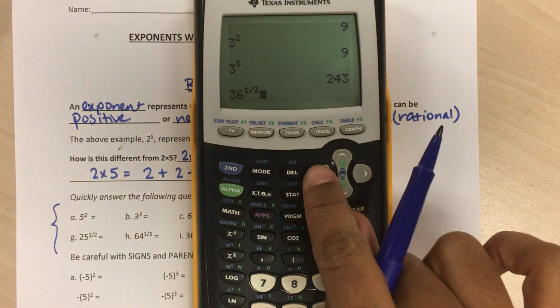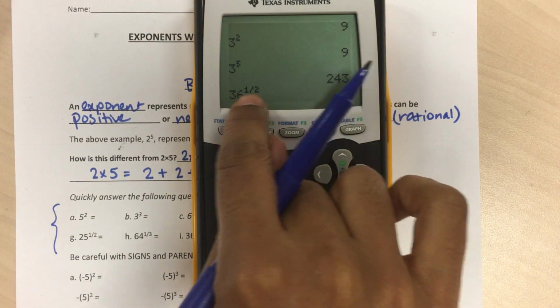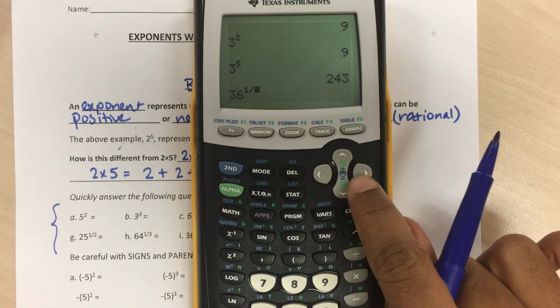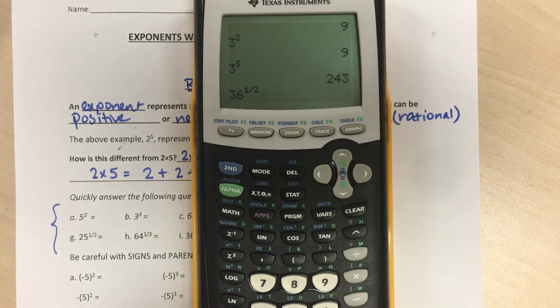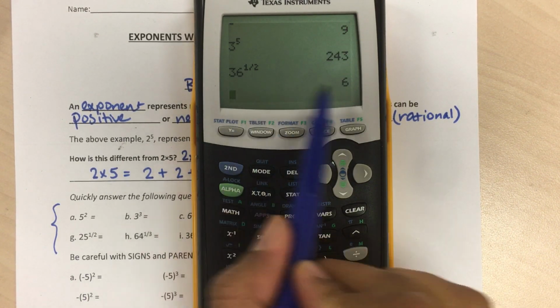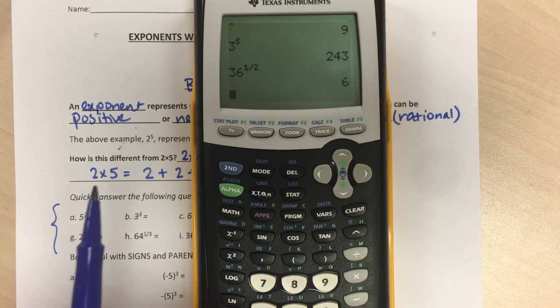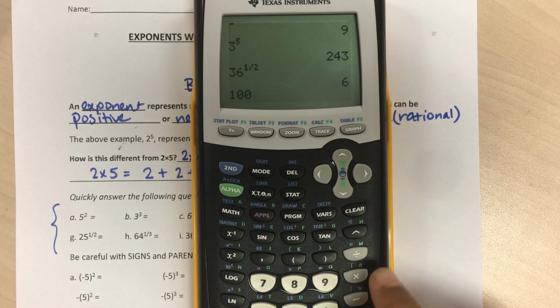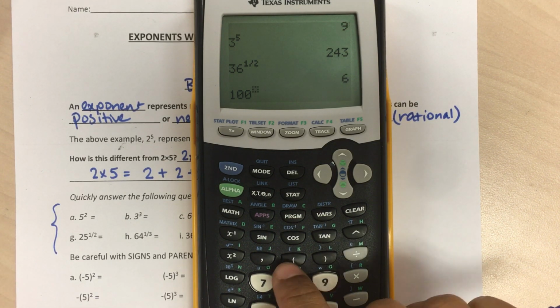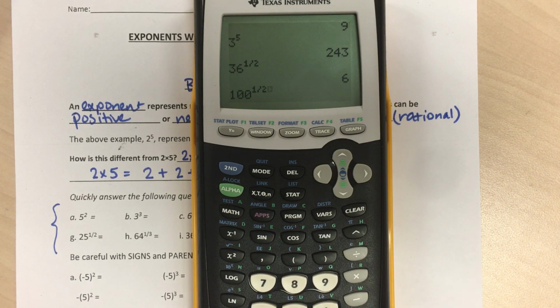So what is 36 to the 1/2 power? Interesting. I wonder what 100 raised to the 1/2 power is going to look like.